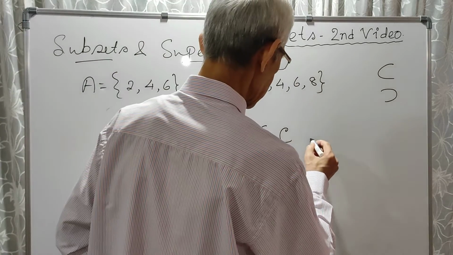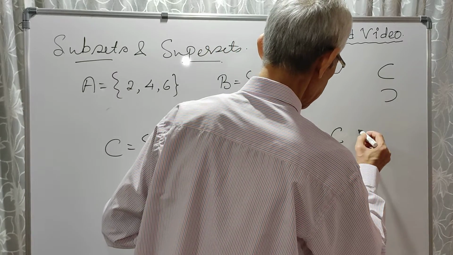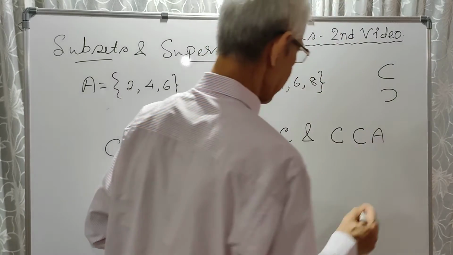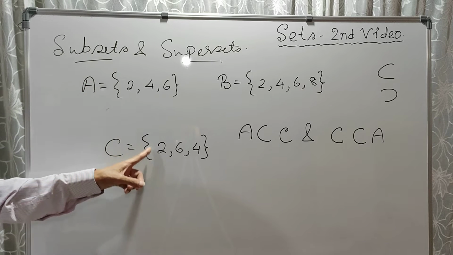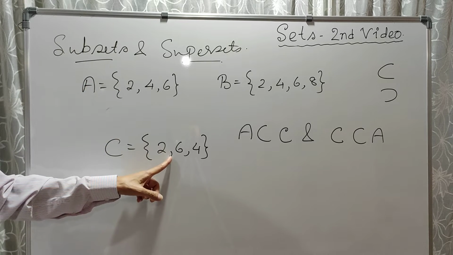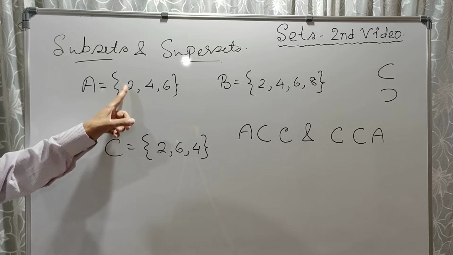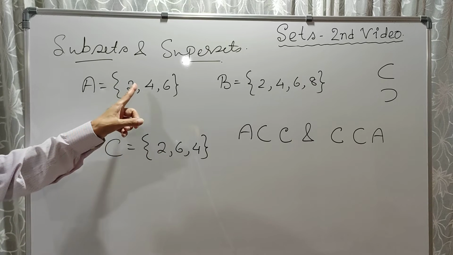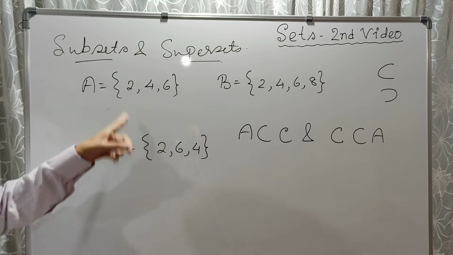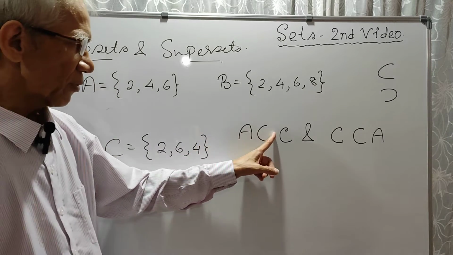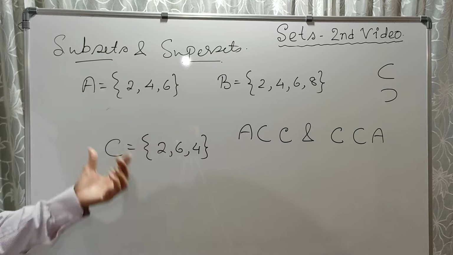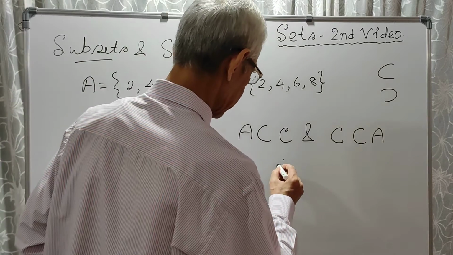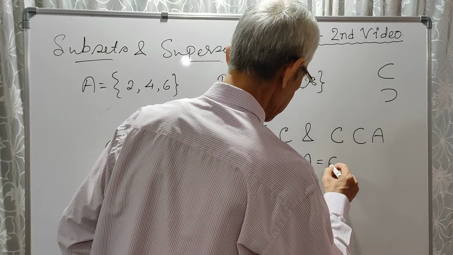That means C is a subset of A. So A is a subset of C and C is a subset of A. That means they are subsets of each other. If two sets are subsets of each other, that means they are equal. Therefore, A is equal to C.